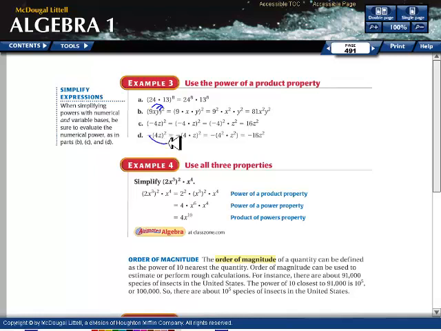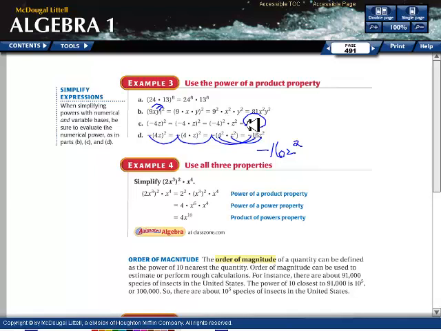So you just kind of bring it along to the next step and say, okay, it's actually 4 squared times z squared, which is what we've got here. 4 squared is 16. Z squared is, of course, z squared. And my negative, I'm just going to bring it along. So that's the reason why my answer on this one is negative 16 z squared, as opposed to this one where it was positive 16 z squared. And again, the reason why the other one was positive is because the negative sign was inside of those parentheses.